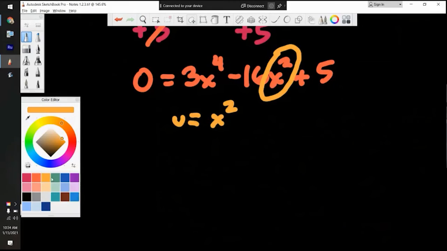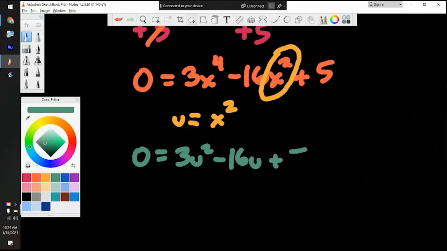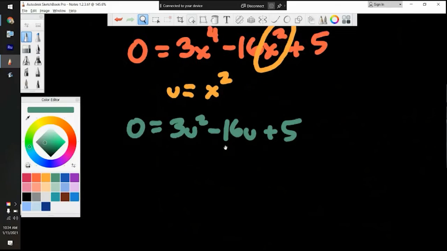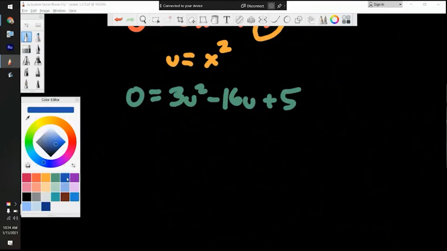All right, so now we're going to rewrite that orange equation. So now it's going to be 3u squared minus 16u plus 5. Now it's a standard problem that you've done in the past. Okay, use quadratic formula. So you're going to be left with u is equal to negative b, which is negative 16. So I'm just going to write positive 16, plus or minus the square root of b squared.